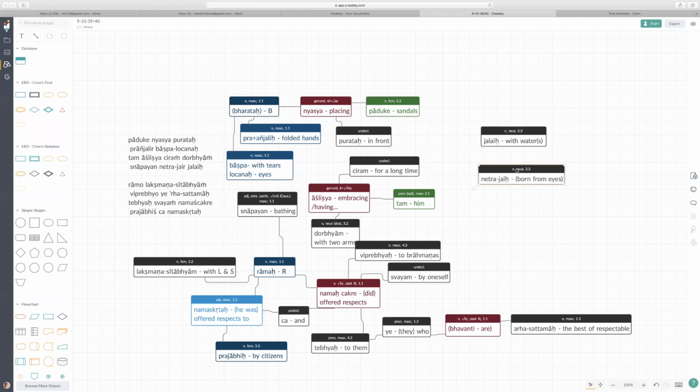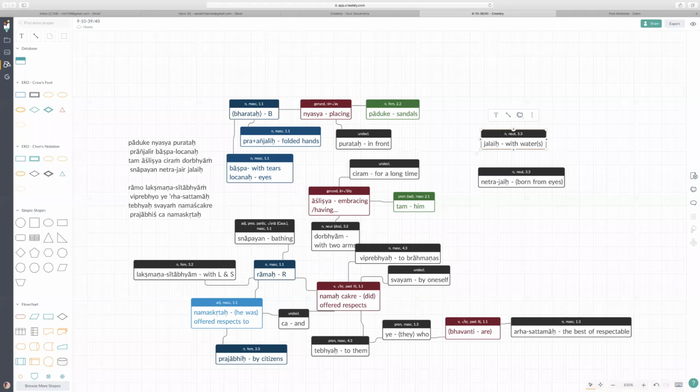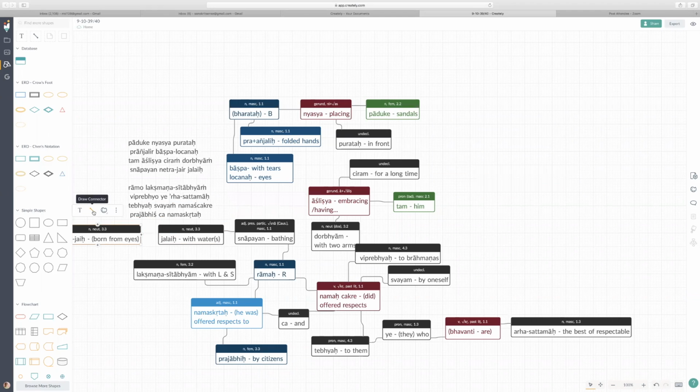And what's the main word here? Netra jaihi or jalaihi? Netra jaihi. That's a description. The actual word is jalaihi. With water. Which kind of water? The one that came from the eyes. Okay. So snapayan, since it's a participle, also acts like a verb.